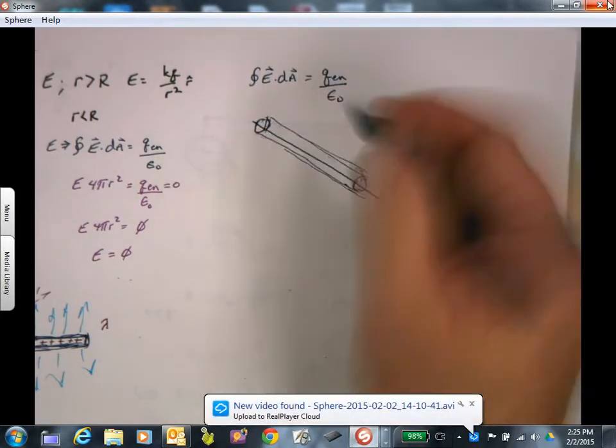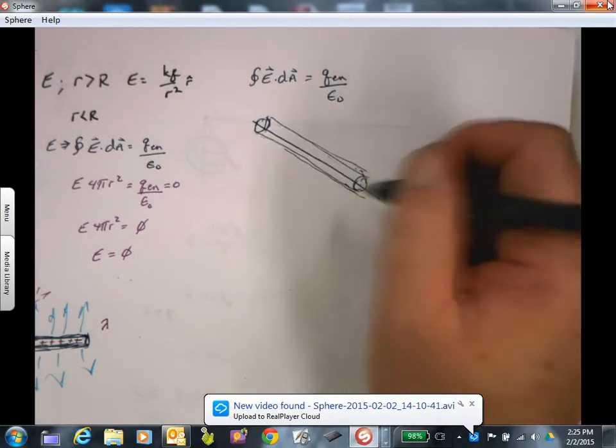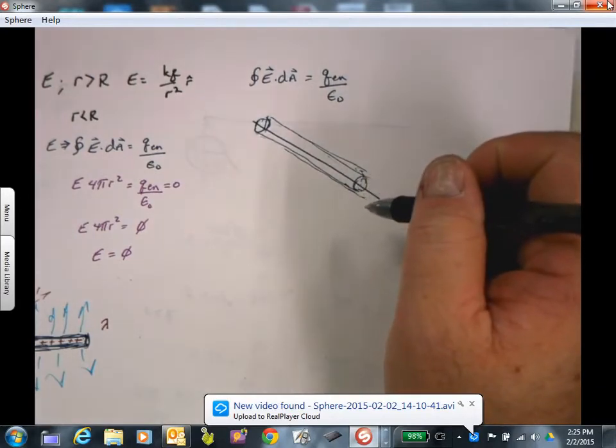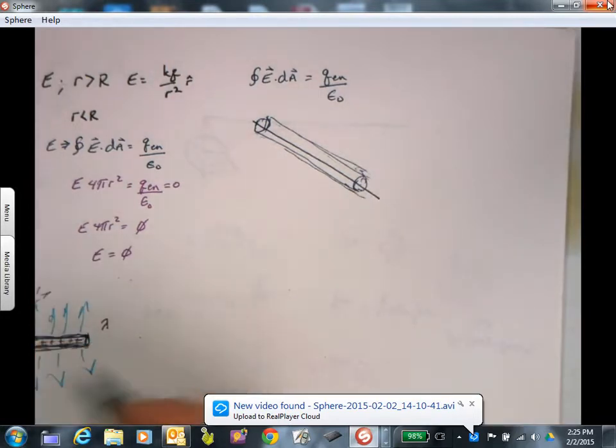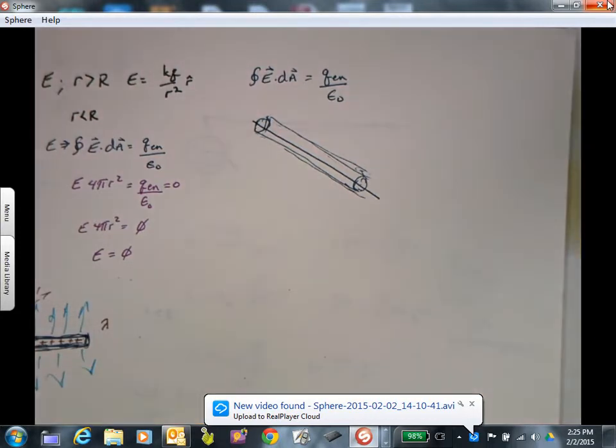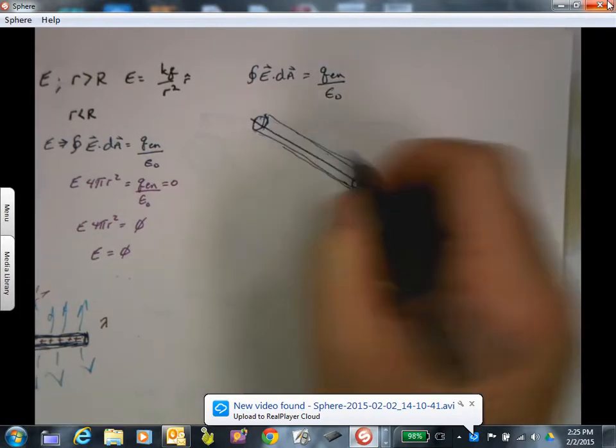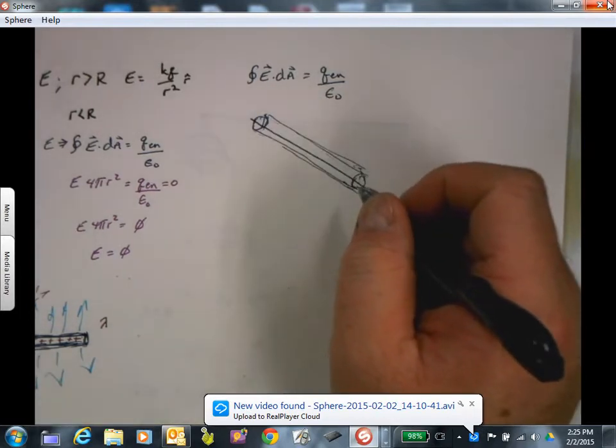Here at the end, what's going to be our flux through the ends of the cylinder? If it's a right cylinder, nothing. Right? Because the lines would have to come out perpendicular to the end of the cylinder, and we have an infinitely long line, so they're all going to come out radially.